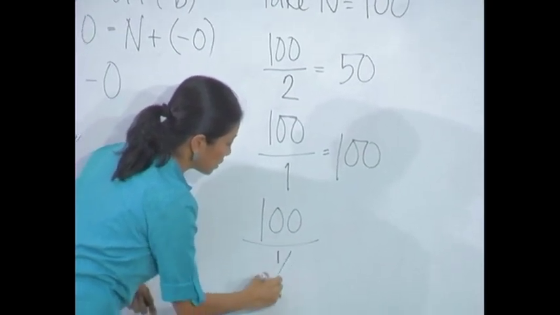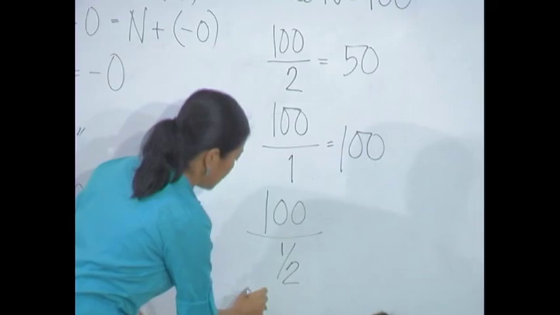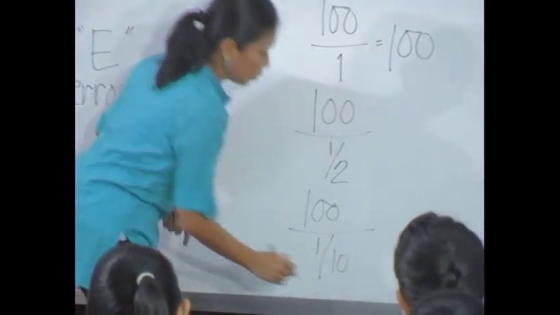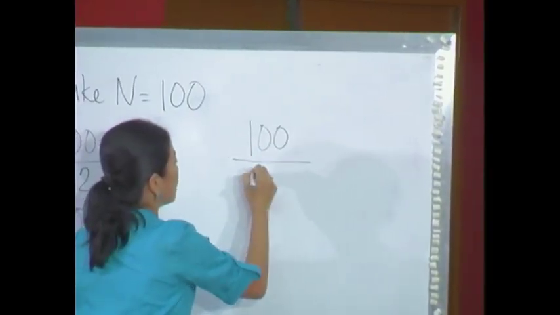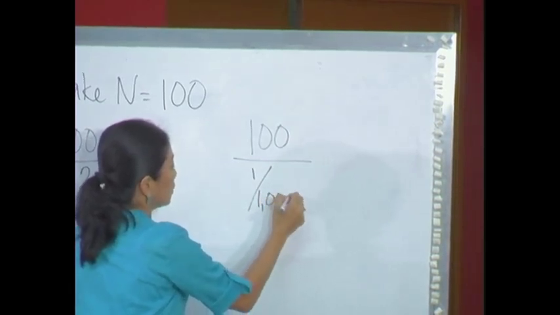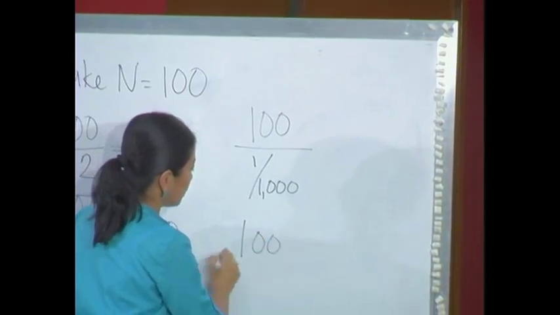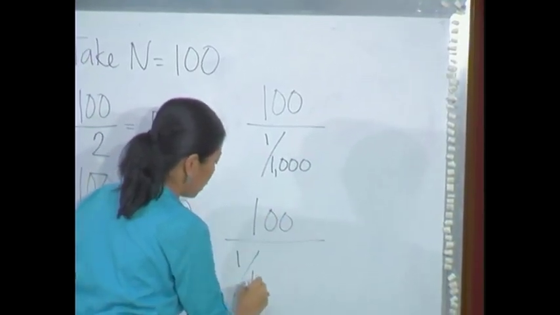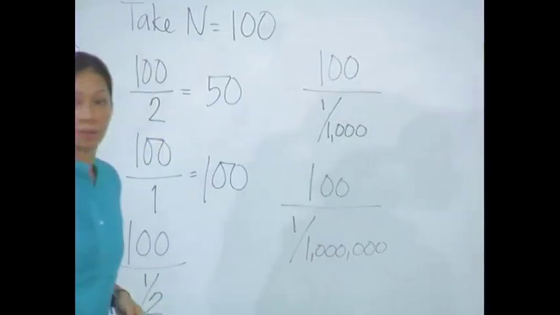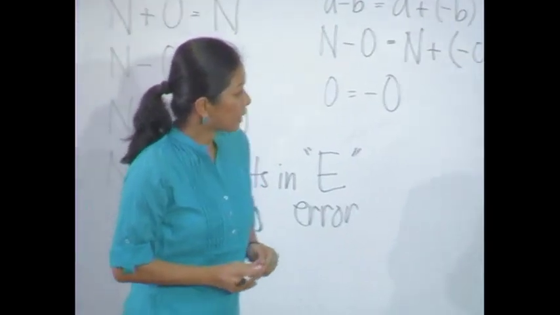I divide this by 1/2. I divide 100 by 1/10, smaller and smaller. I divide 100 by 1/1000. I divide 100 by 1/1,000,000.